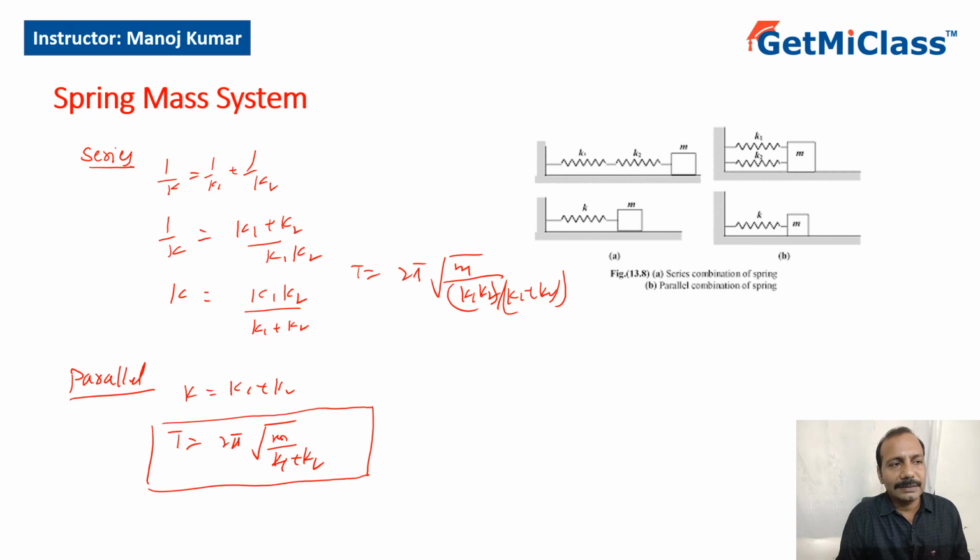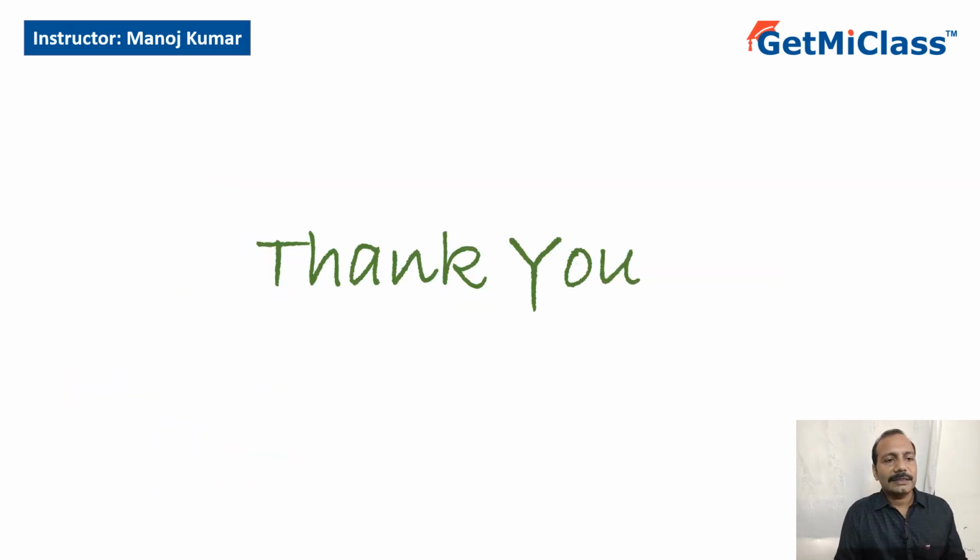The time period of a simple pendulum does not depend on the mass of the bob. Then we derived an expression for the spring mass system, and saw how we find the time period when we have a combination of springs instead of a single spring. So this is what is there in applications of simple harmonic motion. The examples we have taken are a simple pendulum and the spring mass system.